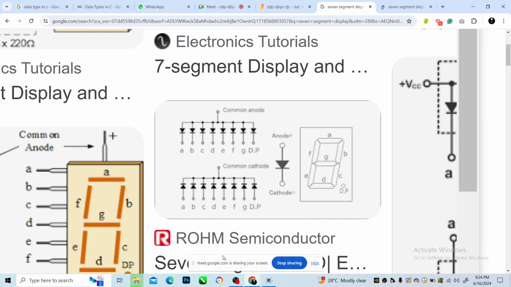I need jumper wires, so let me use one female to female and one female to male. I just want to demonstrate in real life what I just explained.